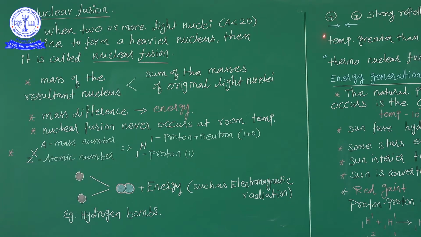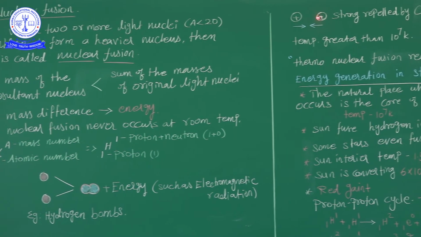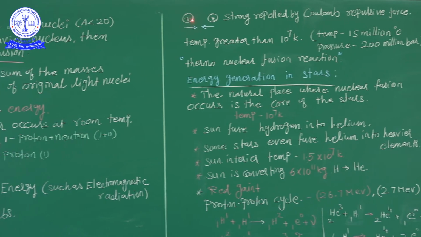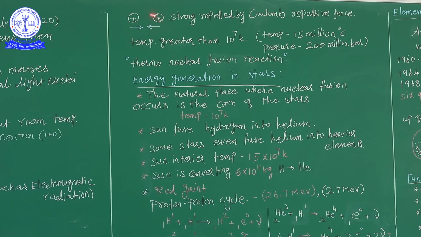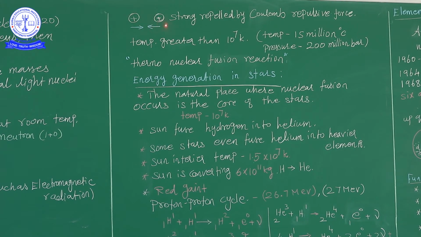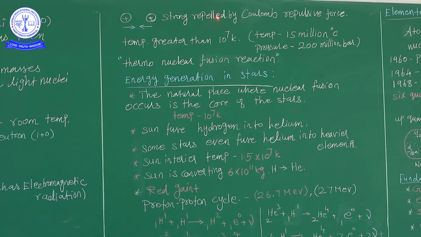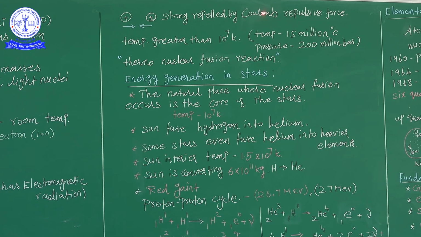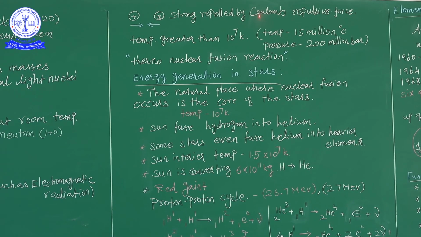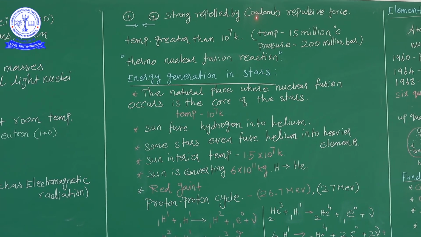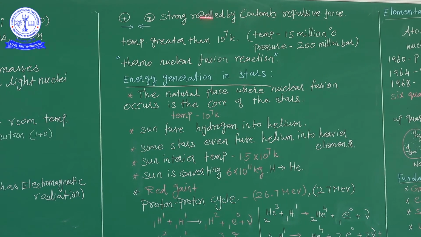The two lighter nuclei have the same potential, positive and positive. So to combine the light nuclei, there is a strong repelling Coulomb repulsive force. You know the repulsive force from lesson number 1 in +2 physics.